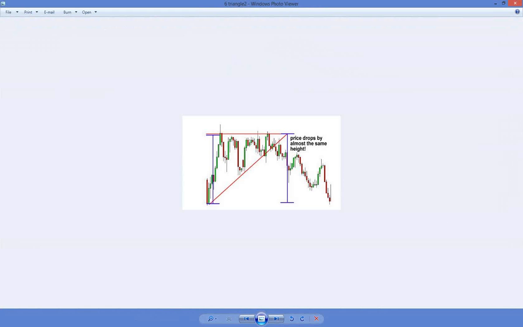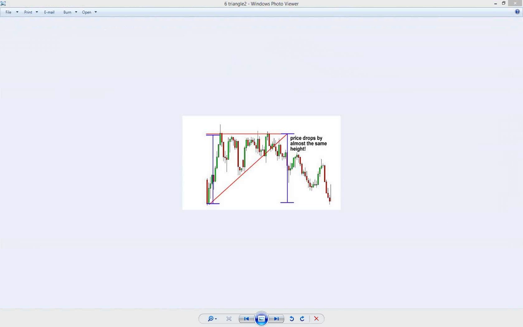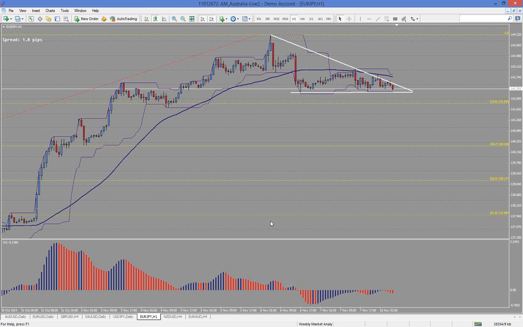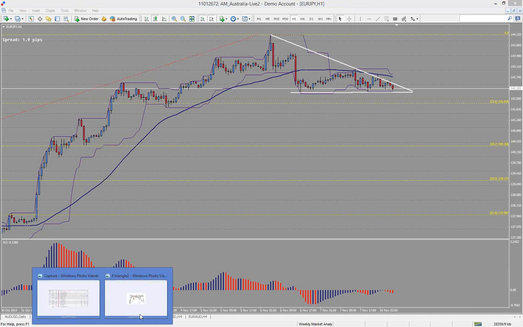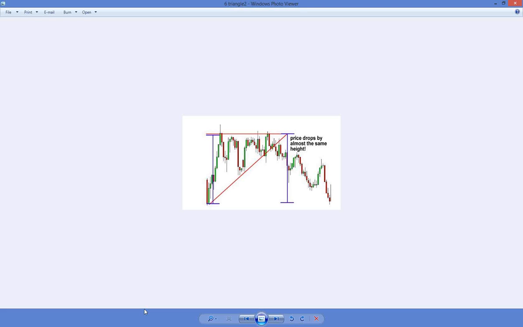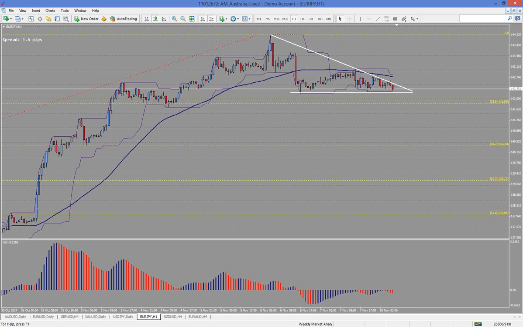Okay, so this is what we're talking about. If I toggle between the chart, now it's inverted, it's the other way around. Okay, the trade is the other way around.